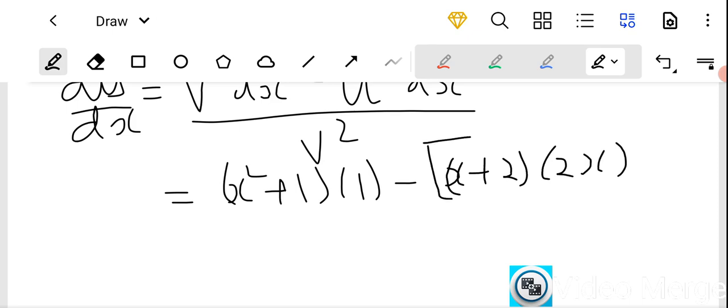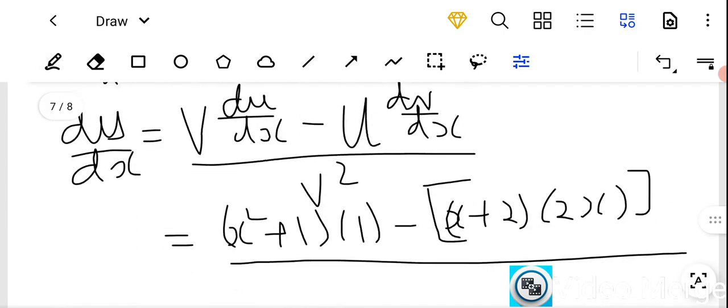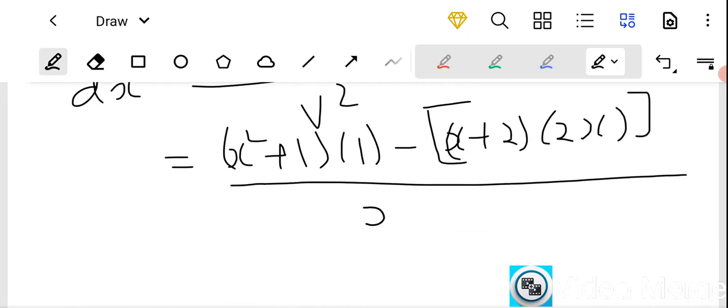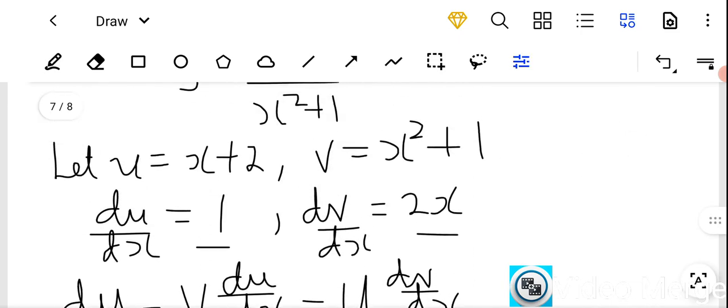Everything we can put in square brackets, divided by v, and that v is x squared plus 1, which has to be squared. So we have x plus 2 multiplied by 2x.